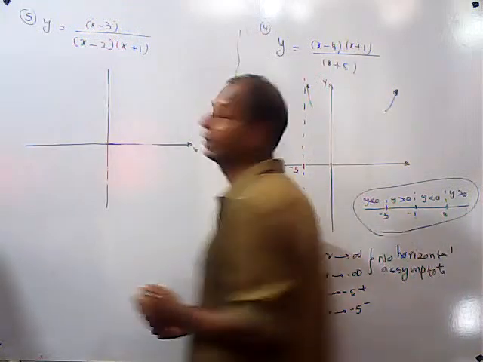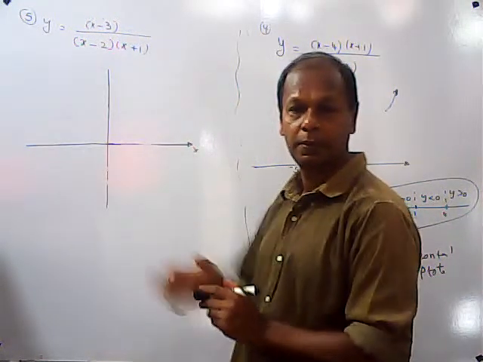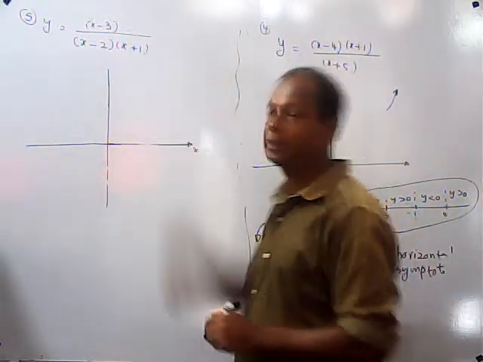Right, to check horizontal asymptote, we send x to infinity.